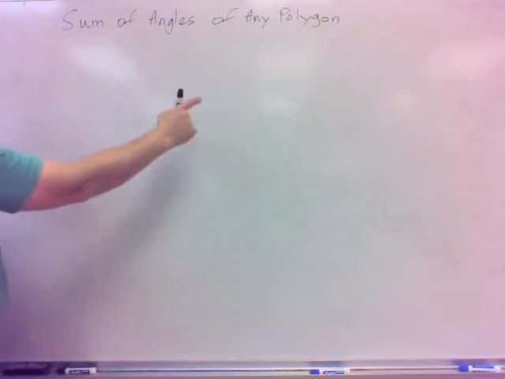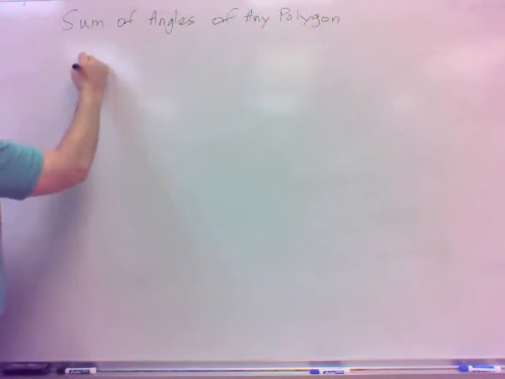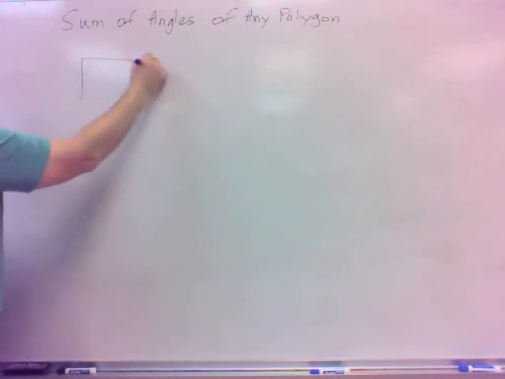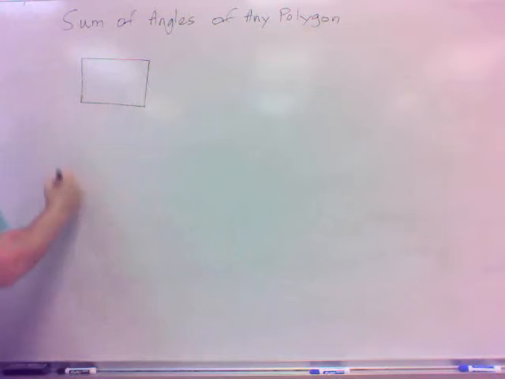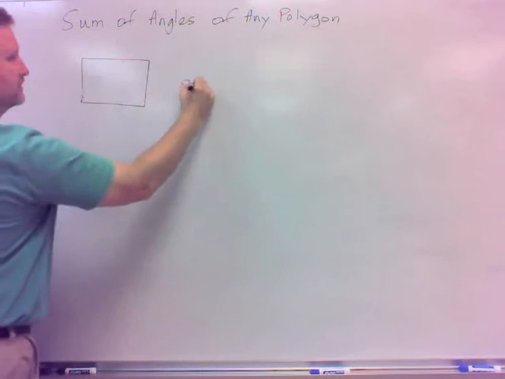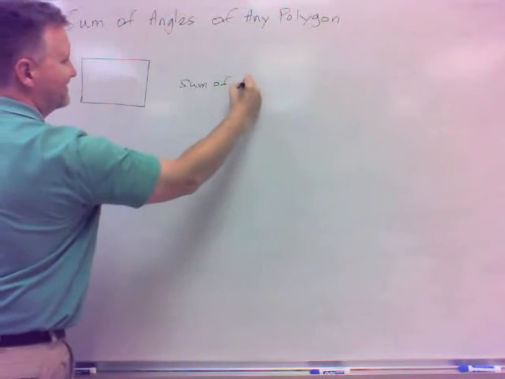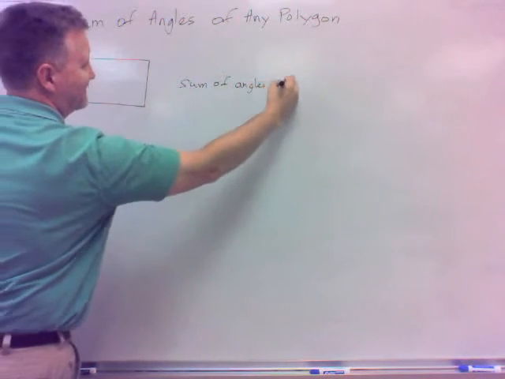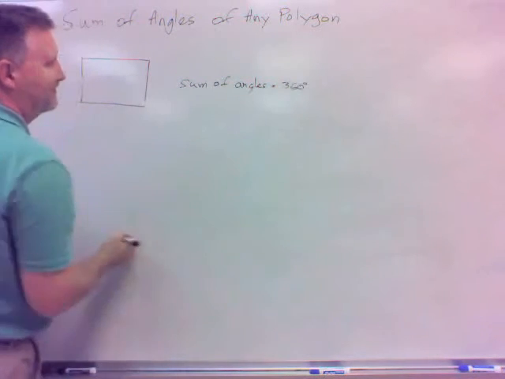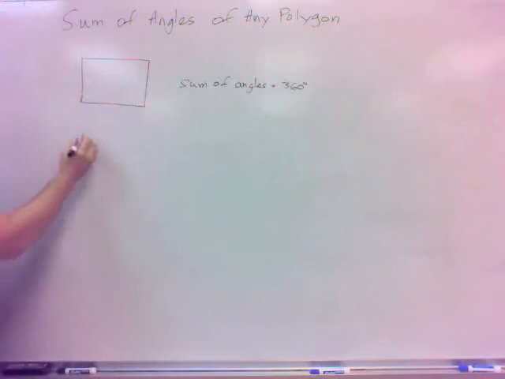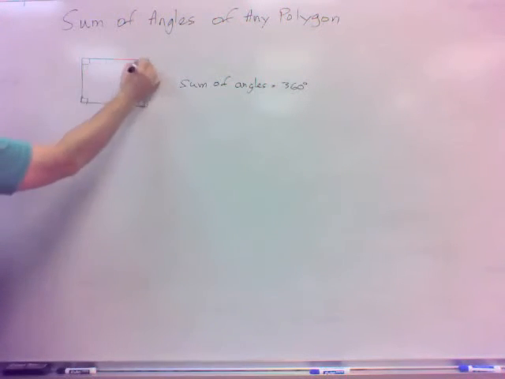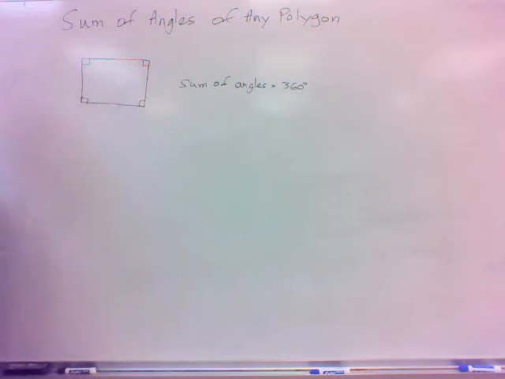We know that the sum of the angles of a triangle is 180. What if it's a rectangle? Well, that's 360. Okay. That's an easy one. And we know it's 360. One way we know it is 90, 90, 90, 90, right?